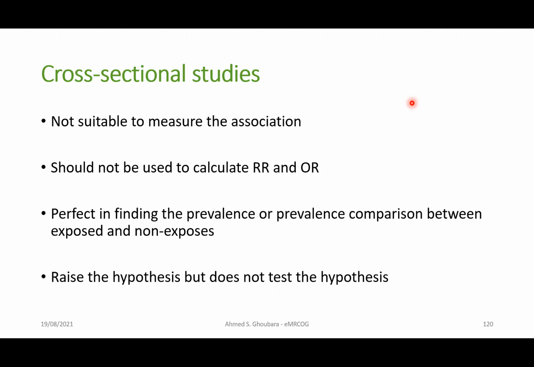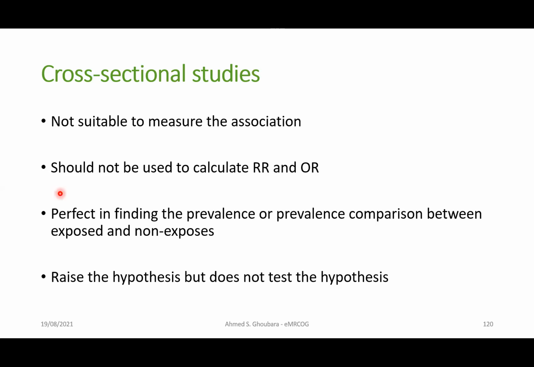But clinically speaking, this is invalid. You cannot use cross-sectional studies to calculate risk ratio and odds ratio. Statistically, mathematically, it will work, okay? But clinically, the implications will be invalid because you didn't study the effect of exposure over time, right?